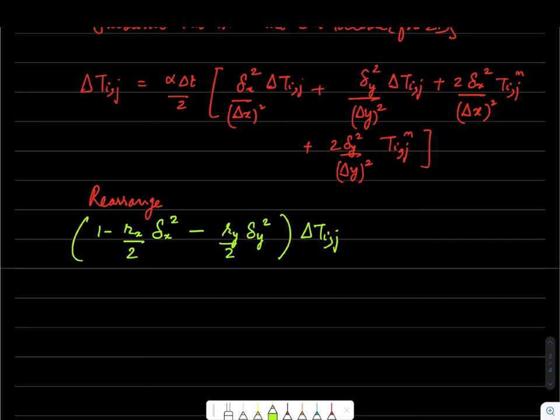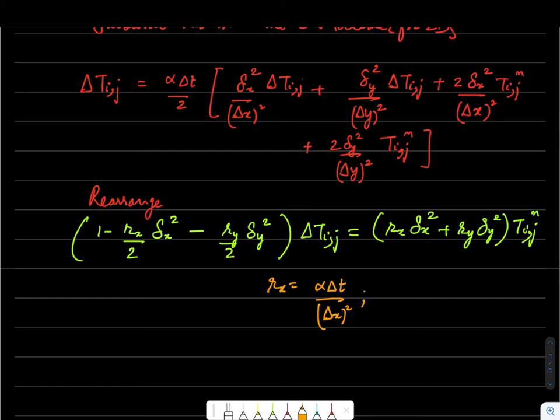This should be equal to rx del x square plus ry del y square over Tij^n, where on the right hand side I have used the property that there's a 2 here and there's a 2 that cancels, and this 2 also cancels with this. So just to remind you, rx is alpha delta t by delta x square and ry is alpha delta t by delta y square.